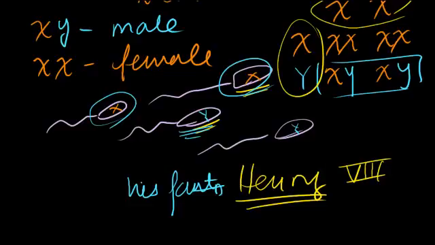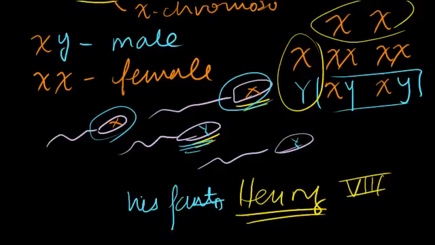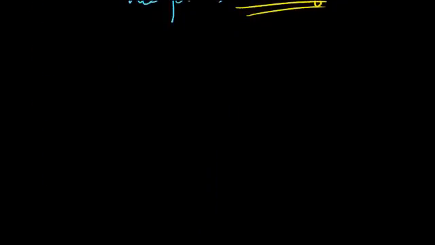Now, one question that might immediately pop up in your head is, Sal, is everything on these chromosomes related to just our sex determining traits, or is there other stuff on them? So let me draw some chromosomes. Let's say that's an X chromosome, and this is a Y chromosome. The X chromosome codes for a lot more things, although it is kind of famously gene poor.